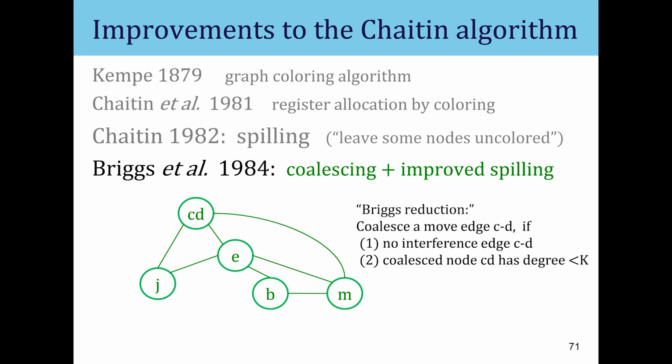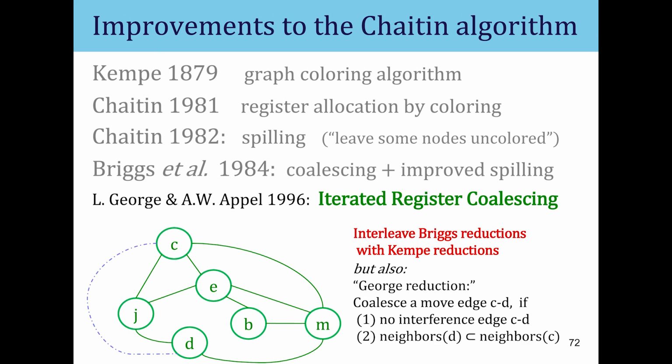Then Lal George and I published an improvement to Briggs's algorithm that interleaves the coalescing operations with the Kempe reduction operations, and also introduces another form of coalescing, which I call George reduction, because Lal invented it, not me. You can coalesce C and D if there's no interference edge, and if the neighbors of D are a subset of the neighbors of C, then you cannot be increasing the chromatic number of this graph by doing that.